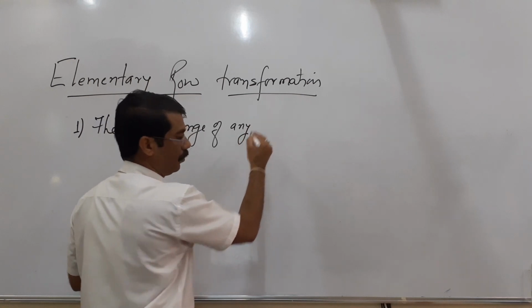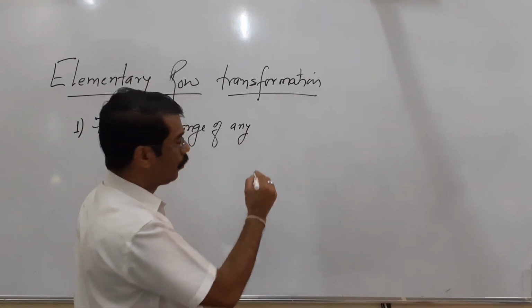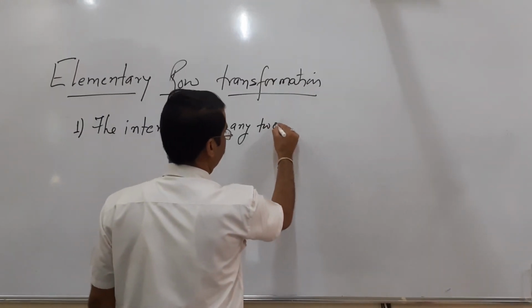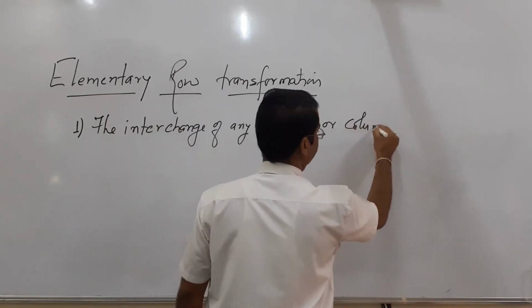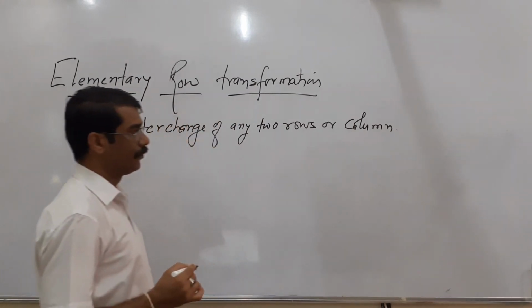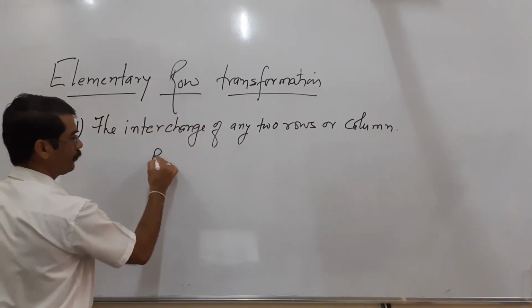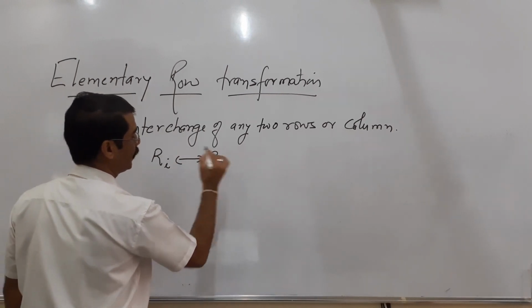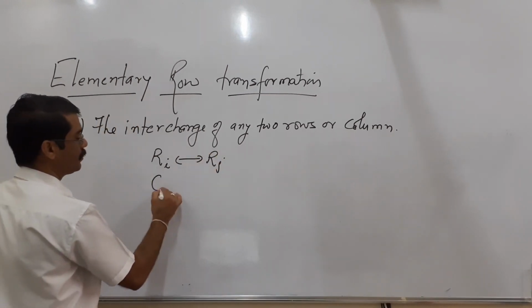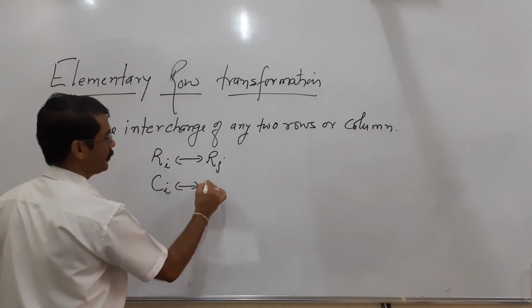That means I can interchange Ri with Rj or Ci with Cj.